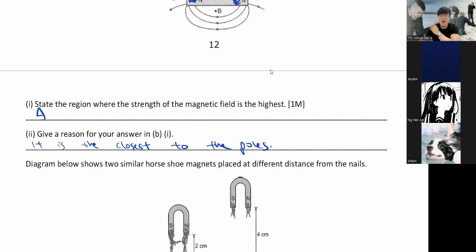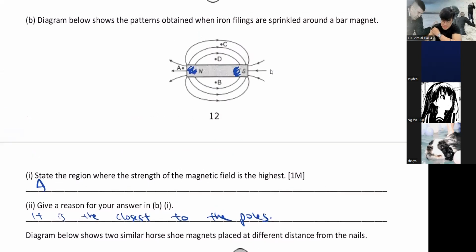Or it is the closest to the North Pole, so it's very strong. Same goes to your gravitational field, guys. Did you know that Earth's gravity is stronger at the poles? That means if you go to the North Pole and South Pole with a weighing machine, you will be slightly heavier.